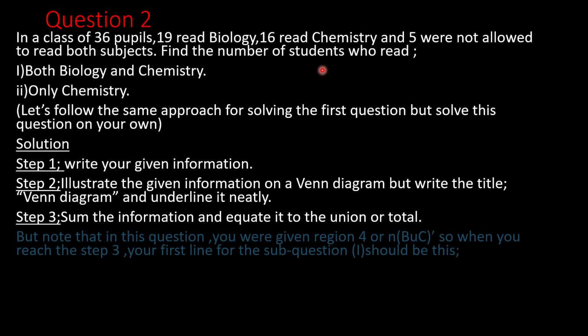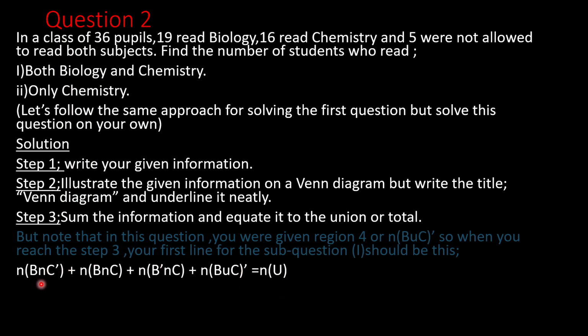So when you finish, you start with the solving of the questions. But note that you were given region 4, or the number of B union C complement. So when you read step 3, your first line for the sub question I, both biology and chemistry, should be this: number of B intersection C complement plus number of B intersection C plus number of B complement intersection C plus number of B union C complement equals number of U. So I'm explaining this.